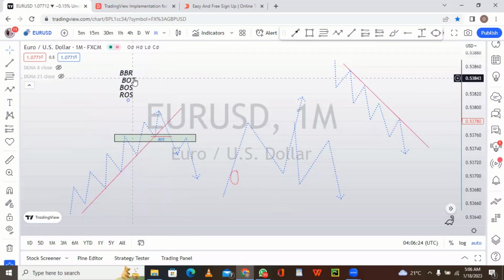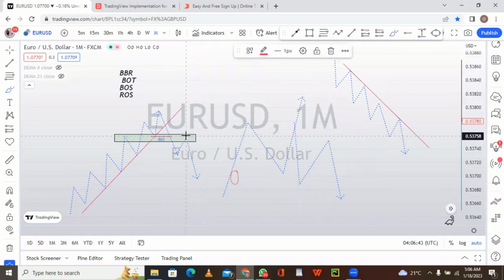Do you understand? But the most important thing is we pay attention to these three rules: that there must be a broken trend line, there must be a broken structure, and there must be a retest to any of the broken structure. Okay, so with this, you can decide to make an entry from this zone.